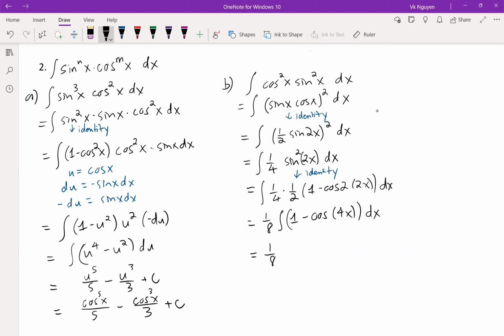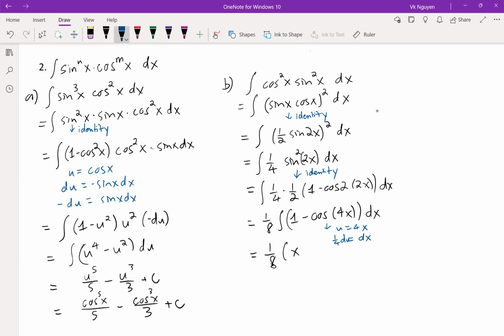The integral of 1 is x. To integrate cosine 4x, we let u equal 4x, and so dx is 1/4 of du.